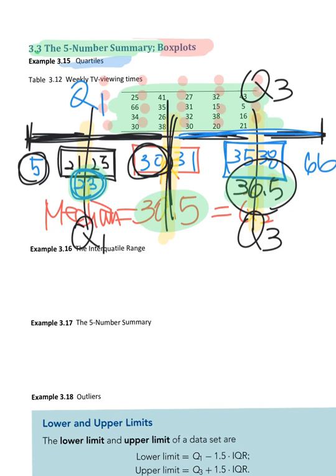Additionally, we need the minimum 5 and the maximum 66. There are 5 numbers. So basically, we need the 5 numbers to make the box plot. Minimum, the first quartile, second, third, and the maximum. 5 numbers. Okay, the next one.